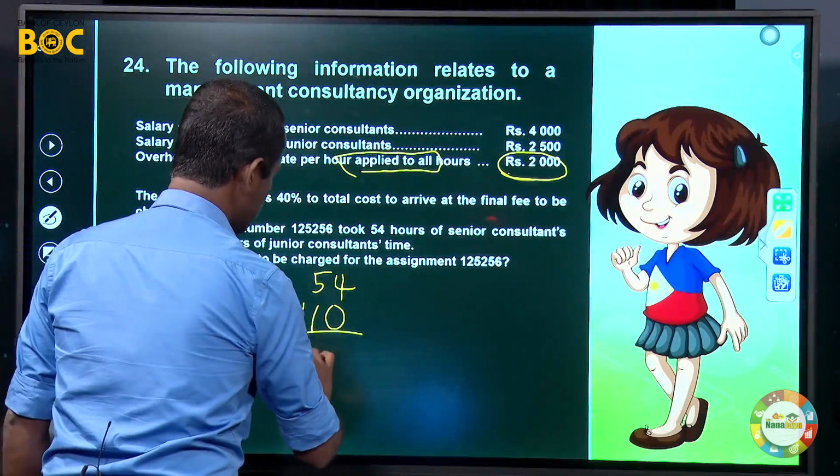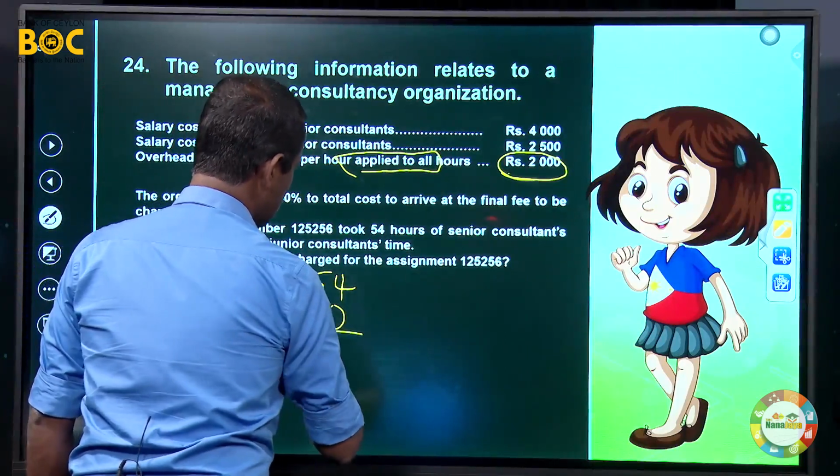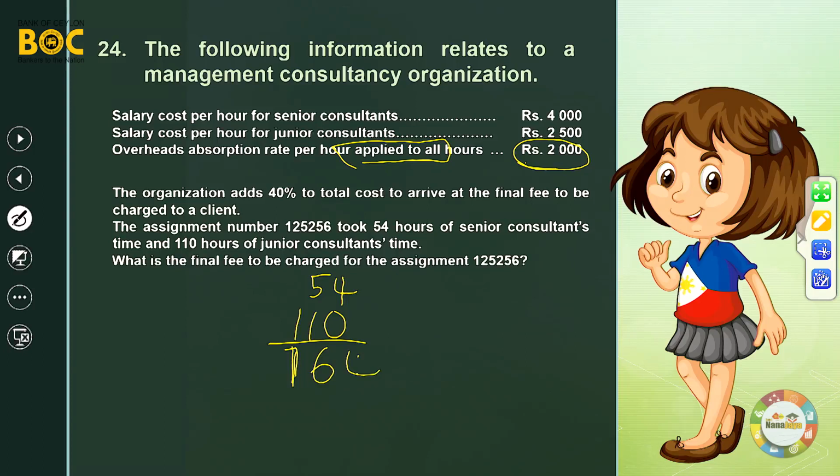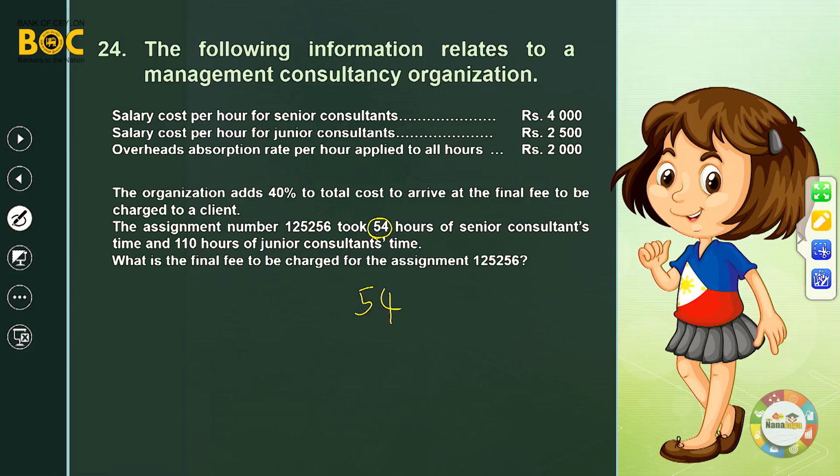For this job we had 164 hours. They have taken 164 hours for this job: 54 hours by senior consultants and 110 by junior consultants.